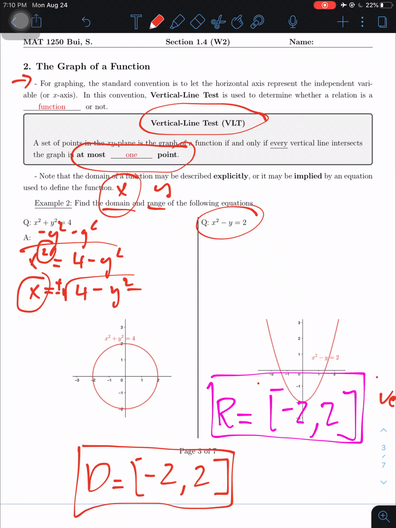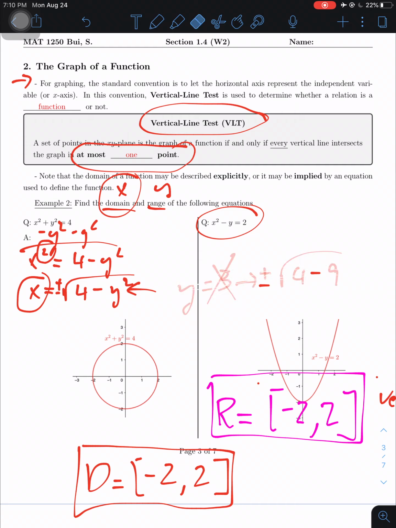If you put different numbers for y, say y equals 3, what do we get out of this? We have plus minus the square root of 4 minus 3 squared, which is 9, and 4 minus 9 gives us -5. This is undefined, right? Because we don't have the square root of -5 unless we have imaginary numbers, which we don't even talk about yet, so don't even think about imaginary numbers at this stage. So 3 in here is not a good value, right?